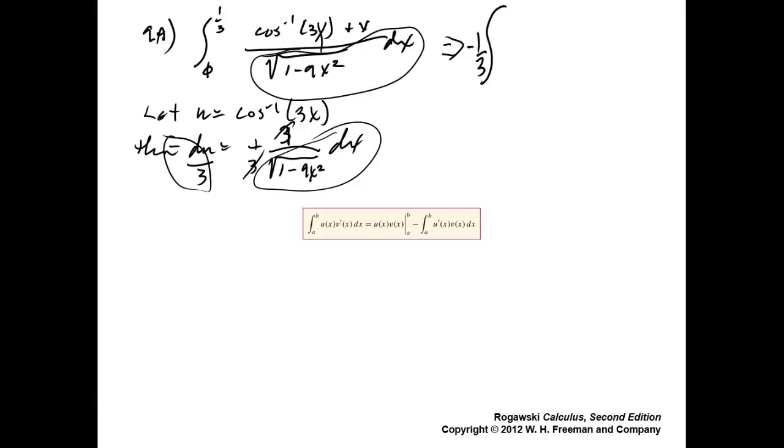Now, let's change our limits. When x is equal to 0, 3x would then be 0 also. What is the inverse cosine of 0? What's that? Pi over 2, exactly. Okay? Wait, is that right? Inverse cosine, I think you're doing sine.